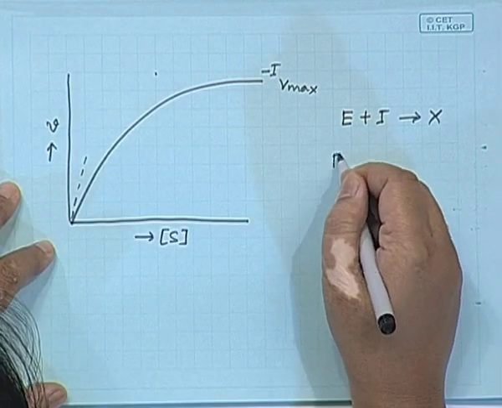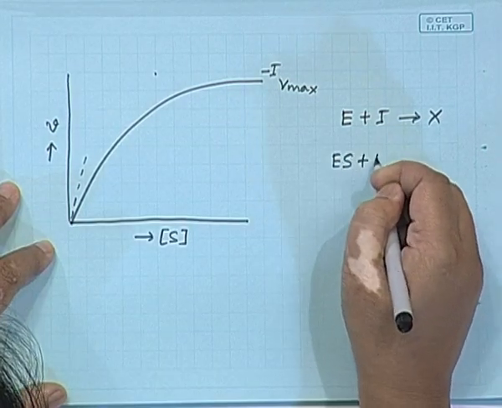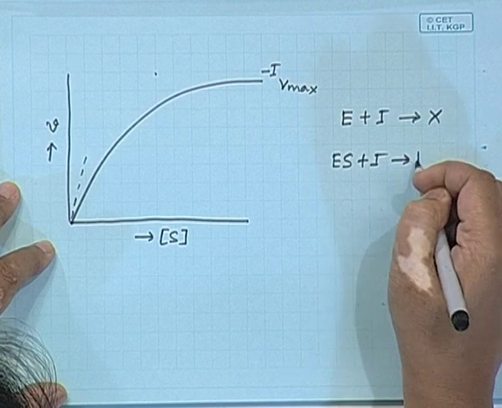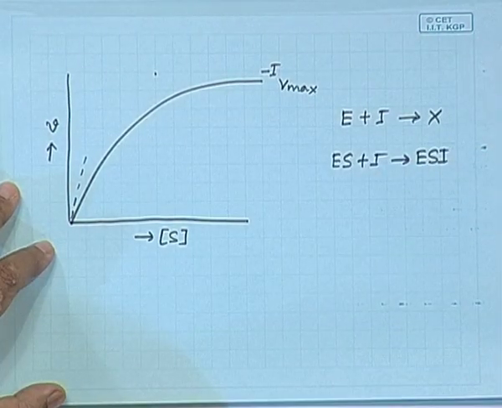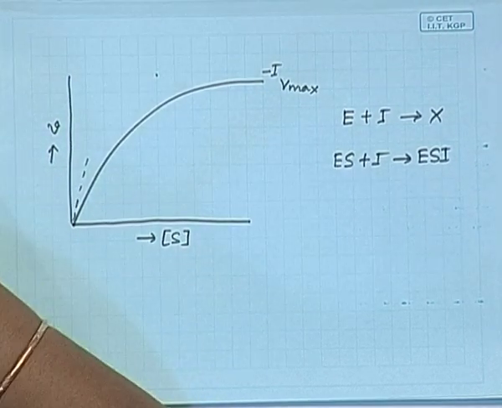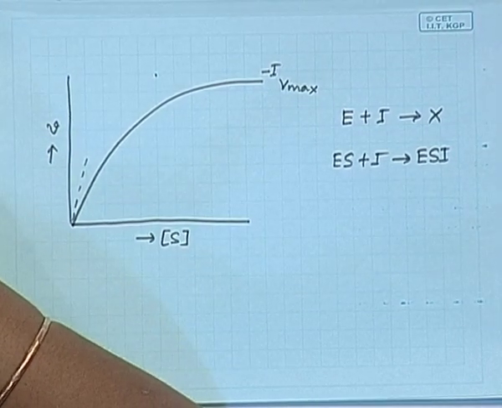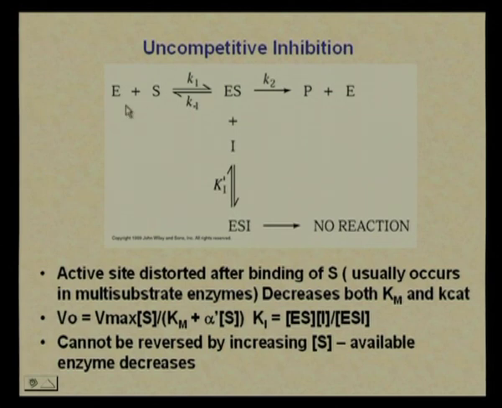There is only ES plus I to form ESI. Let us go back here. E plus I does not happen here. That happens for non-competitive inhibition.